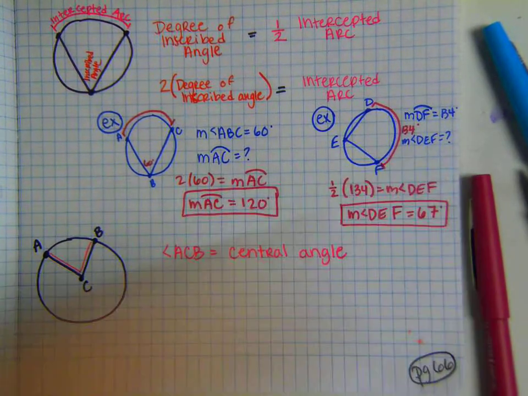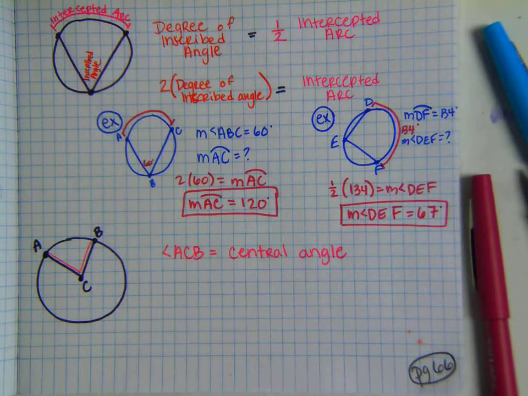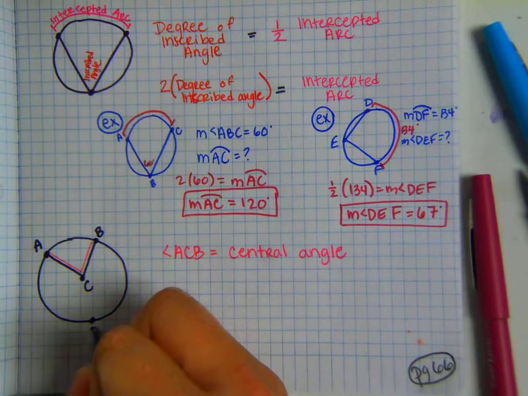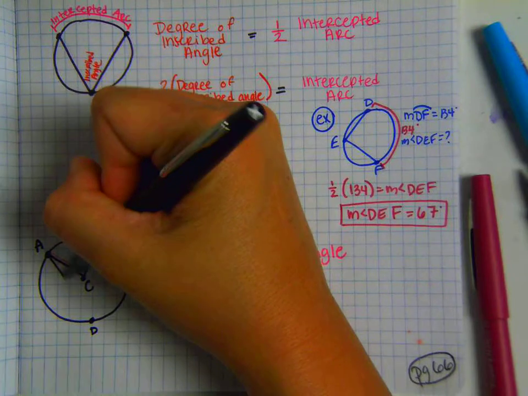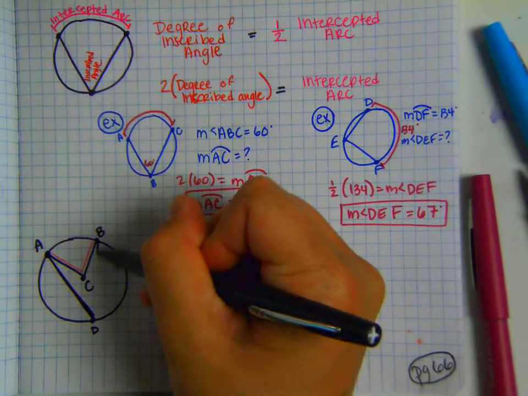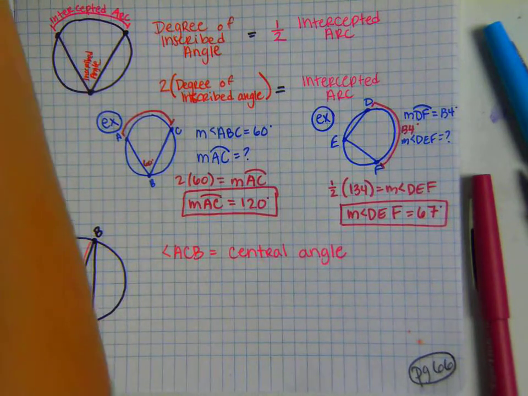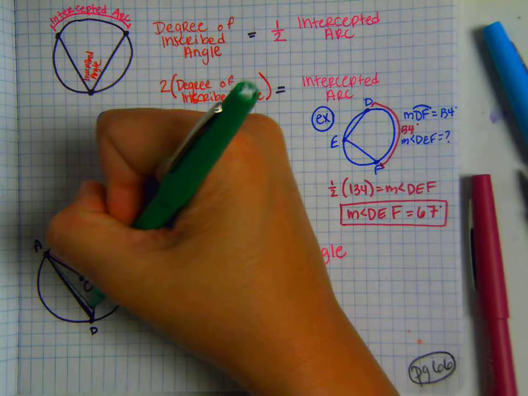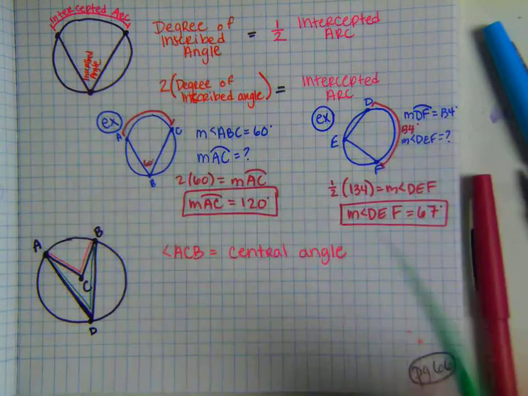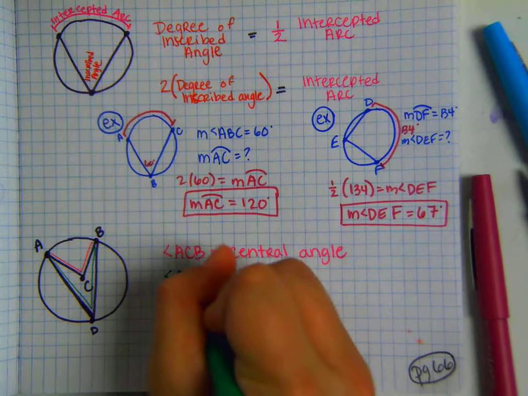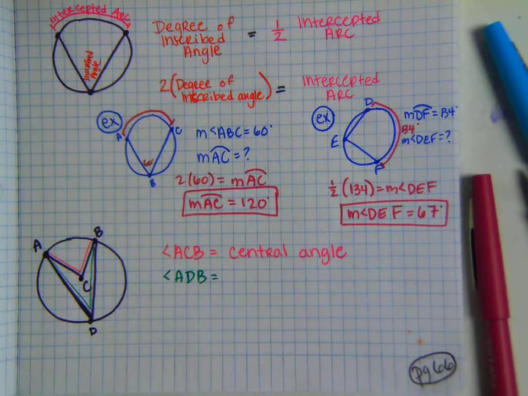Okay. And then I'm going to draw another, ADB, like that. Angle ADB. And what kind of angle is ADB?